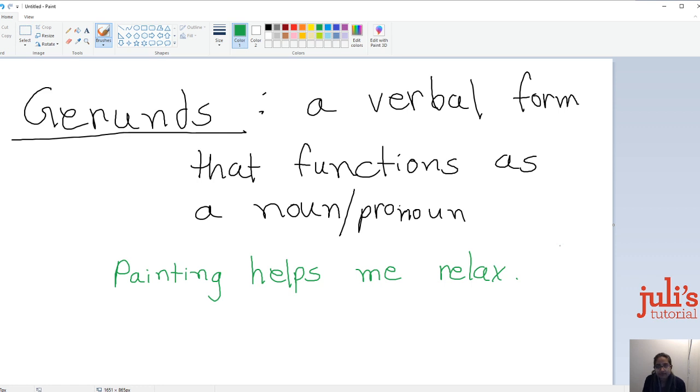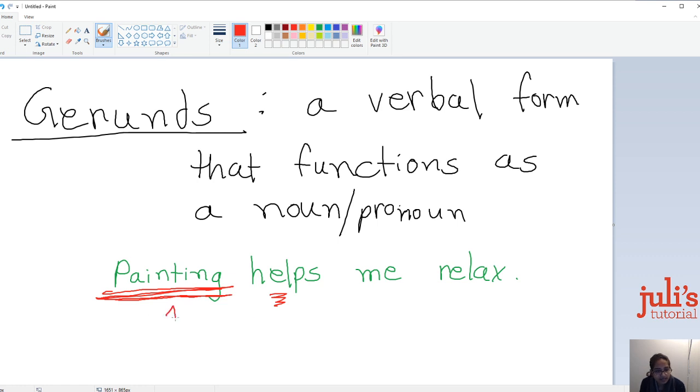Do we know? It's painting. Good. It is painting, and it's helping me relax.